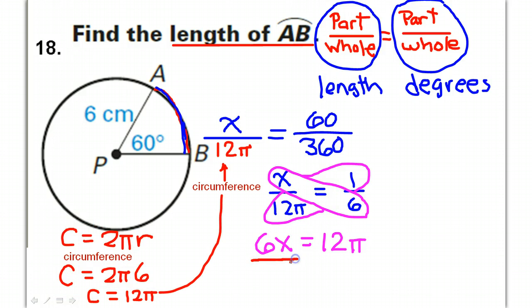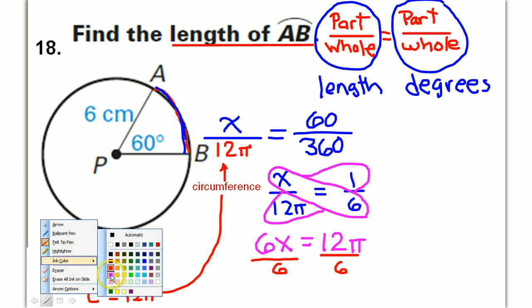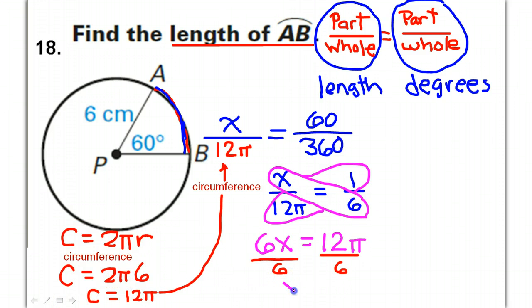To get x by itself, I'm going to go ahead and divide both sides by 6. And I'm going to wind up with x equals 2 pi. And that is the answer. X is 2 pi.